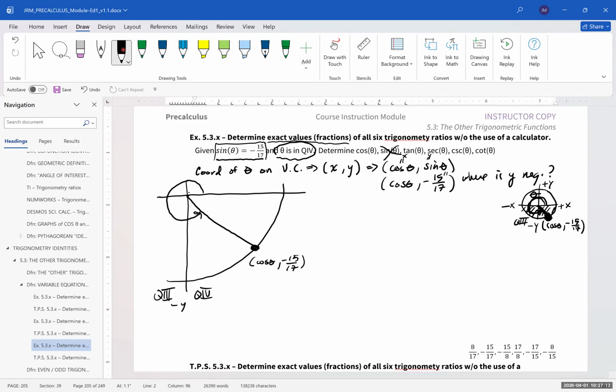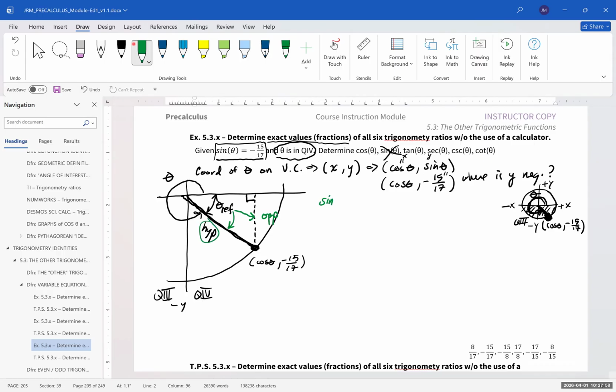Now remember that the terminal side of our angle theta forms the hypotenuse of a right triangle. And this angle right here is our reference angle. From our reference angle, this side is the opposite side, and of course, this side is the hypotenuse.